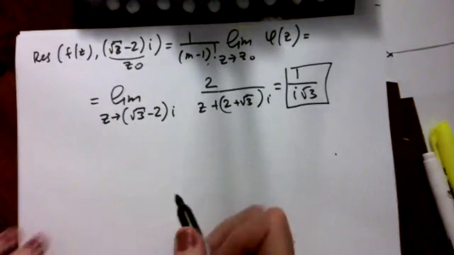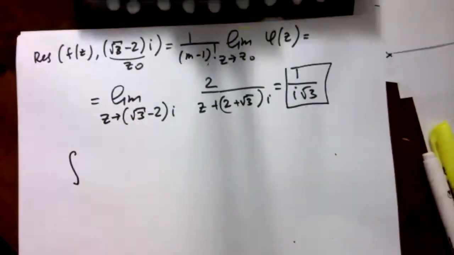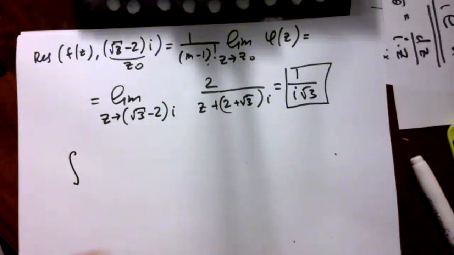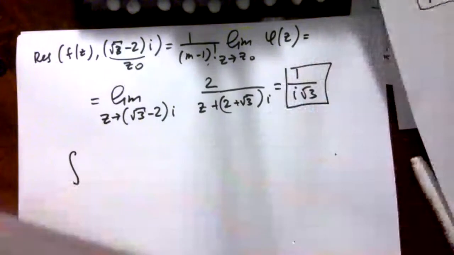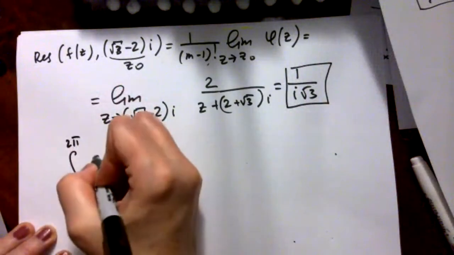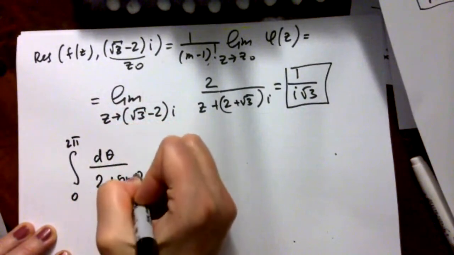So now it's time to finish our task at last. Let me write it at the beginning of our task. Where was it? Almost at this page, I'm afraid, already. So it was that one example. Our example was the integral from 0 to 2 pi of d theta divided by 2 plus sine theta.